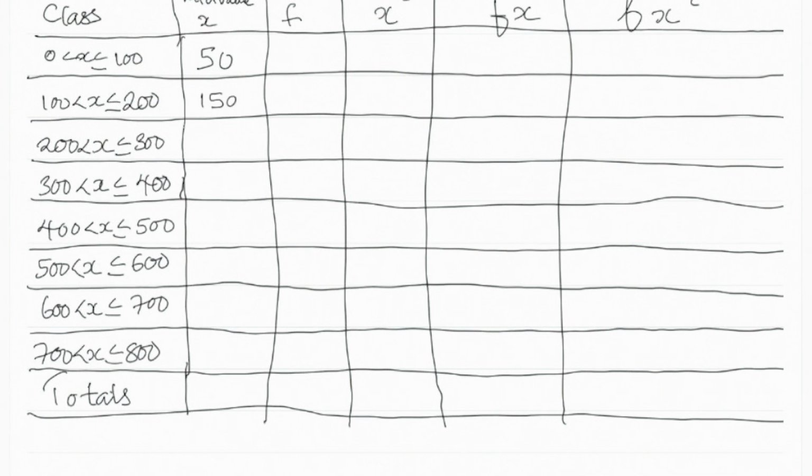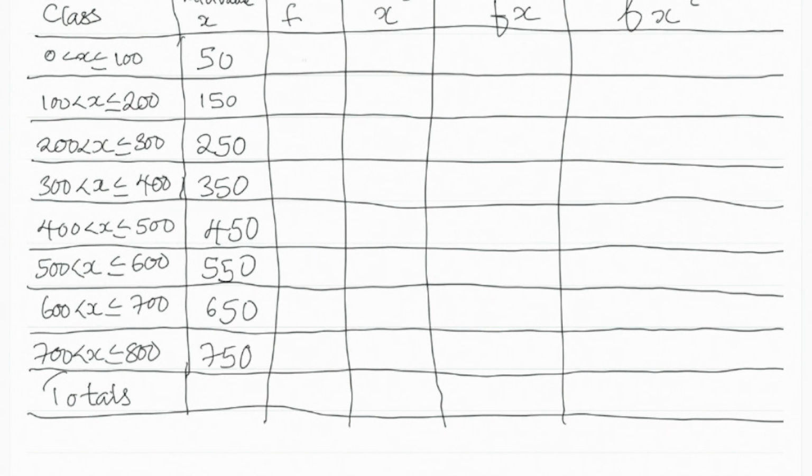If you add 200 and 300 divided by 2, you get 250 as your mid value, and then 350 here, 450 here, and 550 here. I hope you are following. Adding 600 plus 700 divided by 2, you have 650 here, and finally you have 750 here.